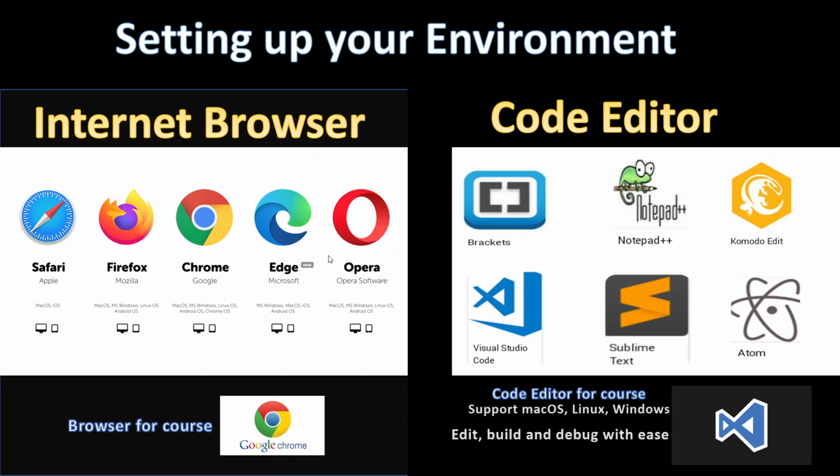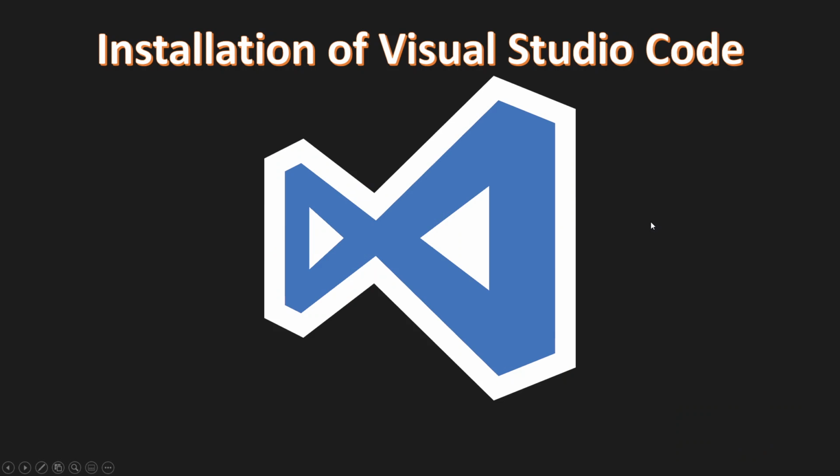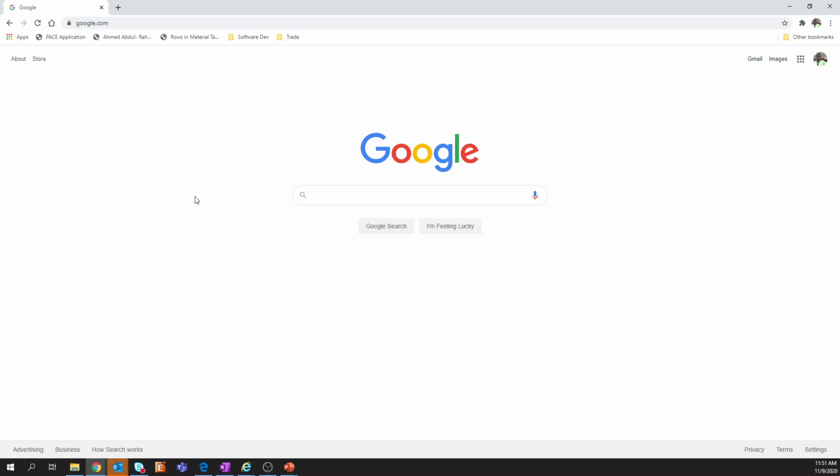So what I'm gonna do is I'm just gonna go straight to the installation of Visual Studio Code, right? And so we are gonna start from scratch and do it. So I'm gonna open up my Google Chrome browser right here.